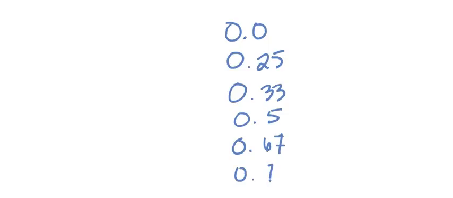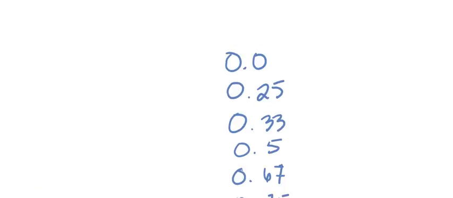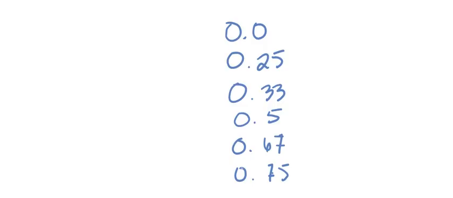If you get a decimal that's 0.33, or a decimal that's 0.5, a decimal that's 0.67, a decimal that's 0.75, or back to that 0. Okay, if you get one of these decimal values, probably the best thing to do is change it to a fraction.